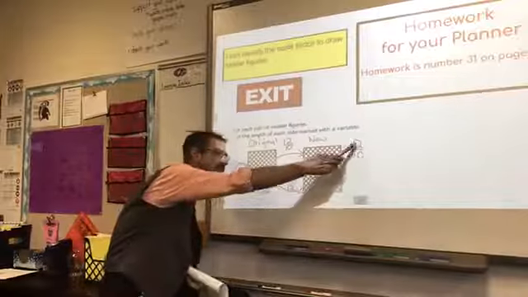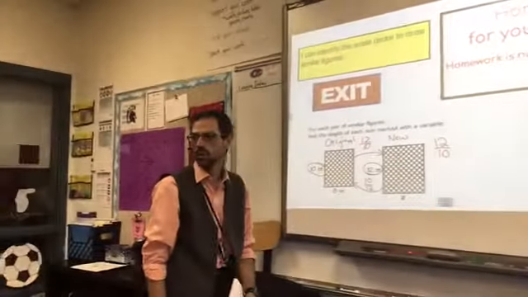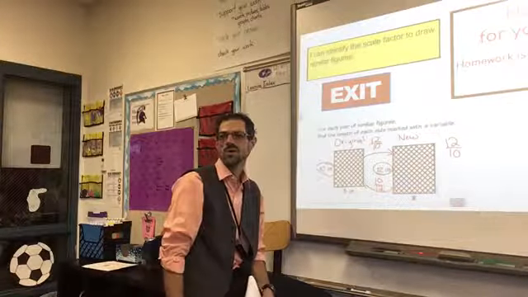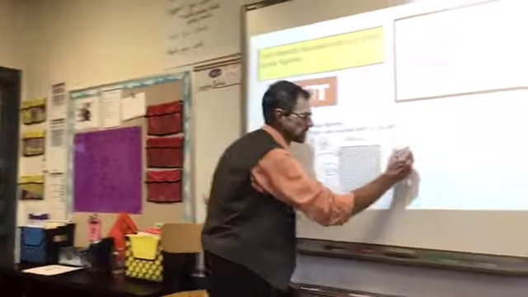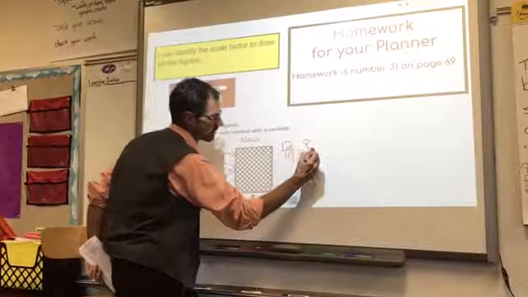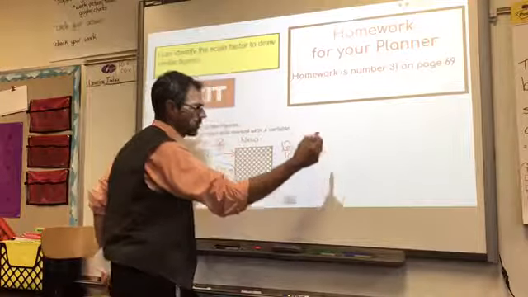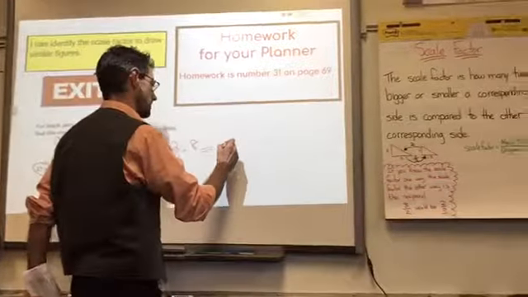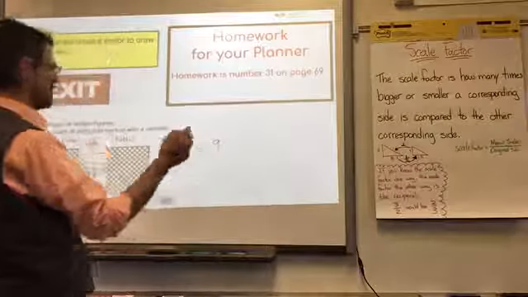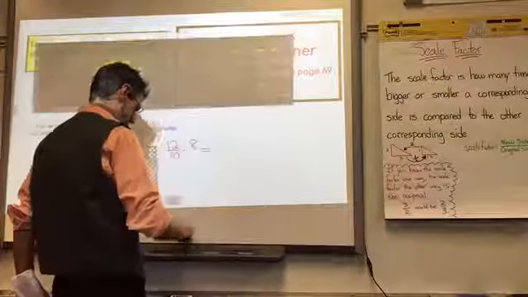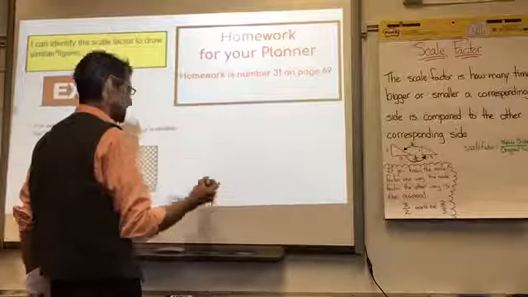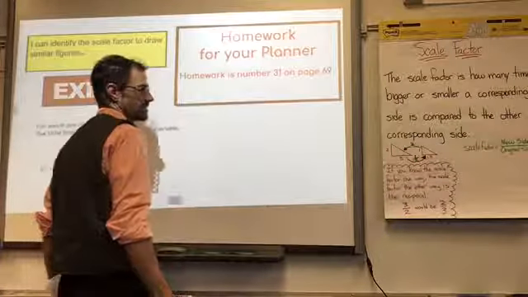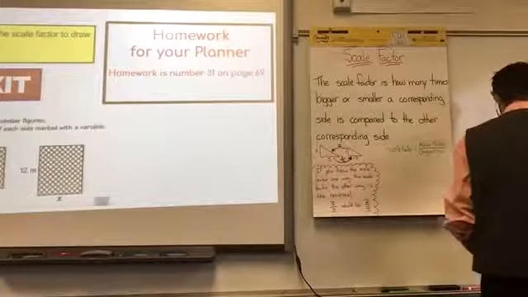So now I know my scale factor is 12 tenths. What do I do? Multiply it. Multiply it by what? 8 meters. Multiply it by 8. Okay, and I'm going to get, is it 90? Wait, no. It would be 96.